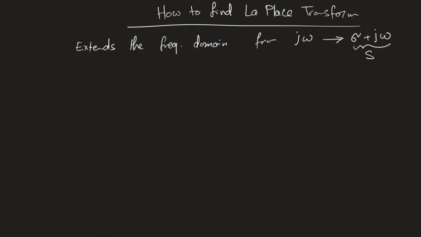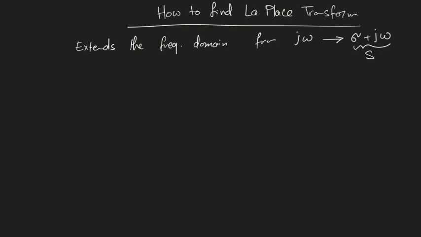If I differentiate a signal in time domain, this is equivalent in frequency domain to multiplying its Fourier by j omega. If I differentiate a signal in time domain, this is equivalent in Laplace domain to multiplying its Laplace transform by S, which is again the more extended version of j omega, and so on. So those properties correspond to each other, and we'll see in a minute that actually there is a way to always get the Fourier transform from the Laplace, because the Laplace is the more generalized form.